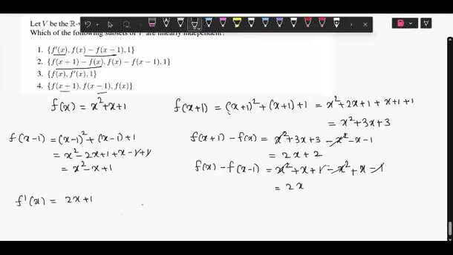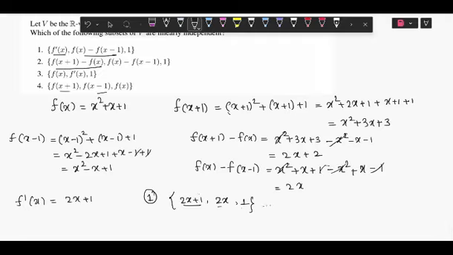Now पहला जो सेट दिया हुआ है, let's verify the options. पहला ऑप्शन में f dash x equal to 2x plus 1, and f of x minus f of x minus 1 is equal to 2x and 1. So you can see we can write 2x plus 1 as 2x plus 1. So this is a linearly dependent set. Now let's move on to the next option.